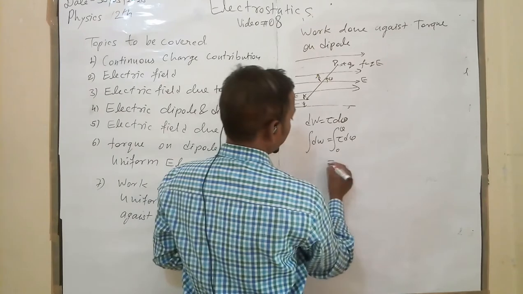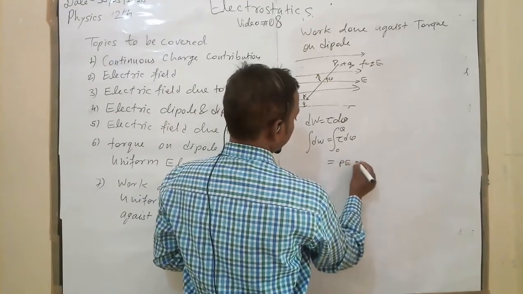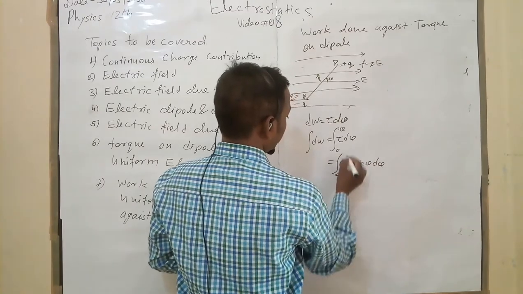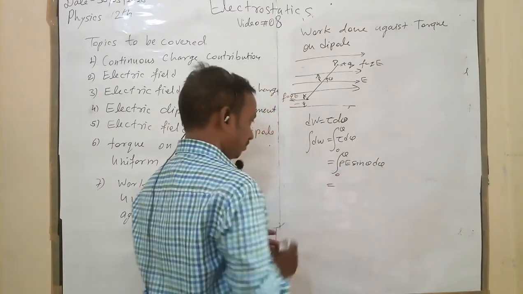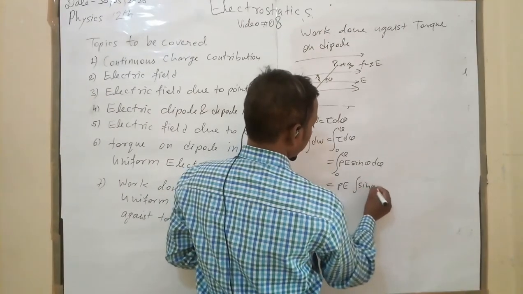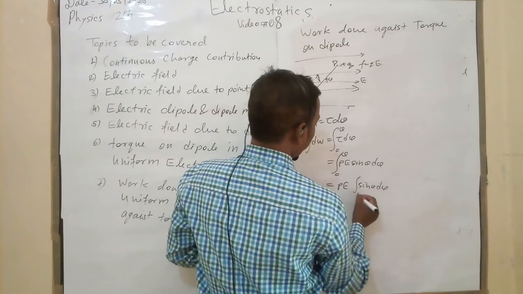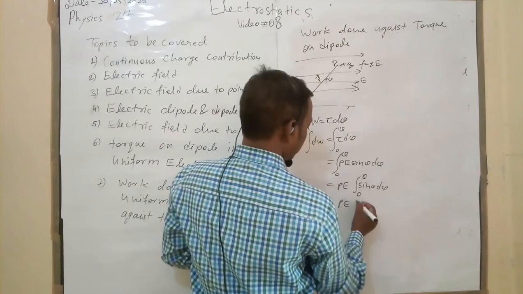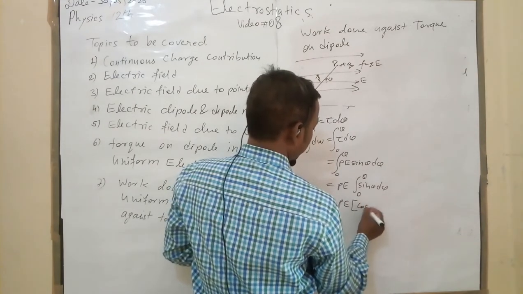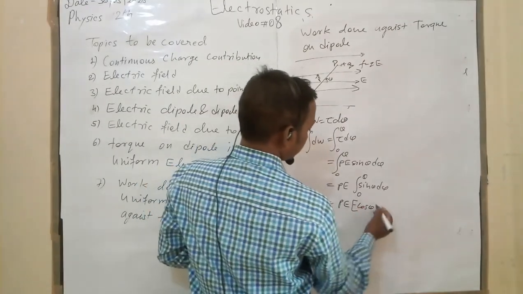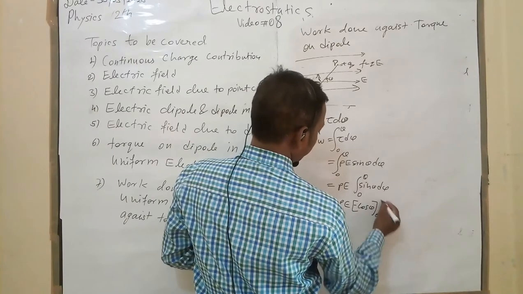So put the value here, that is pE sin theta d theta from 0 to theta. So pE is the constant, so integral of sin theta d theta from 0 to theta is minus cos theta from 0 to theta.